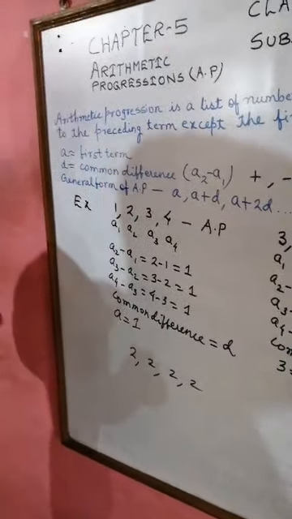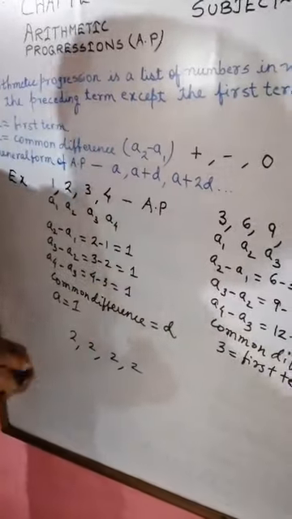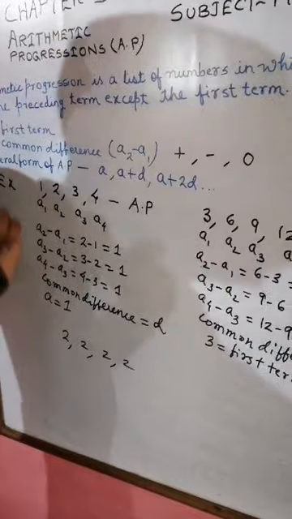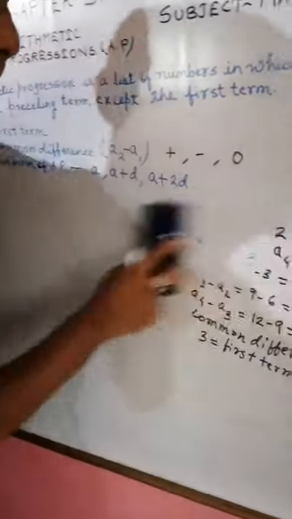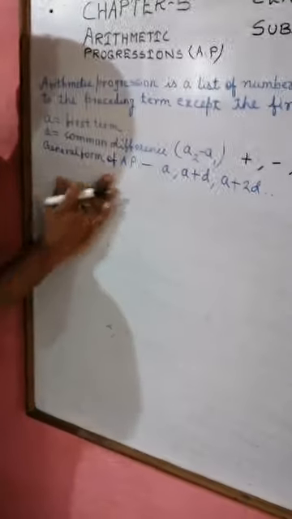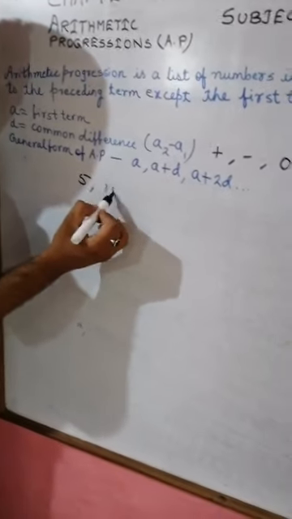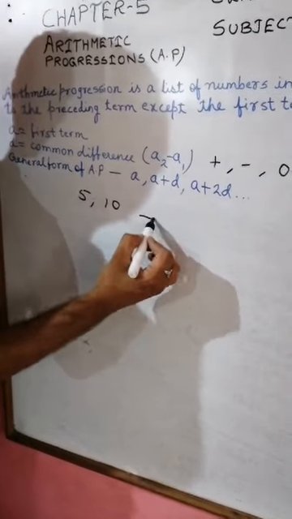Now we'll take some examples. This is the general form of AP: A, A plus D, A plus 2D. With this formula, we can form any numbers in the AP. How can we form them? Let's see. Suppose I have the numbers 5, 10, and it is asked to form the next 3 numbers.